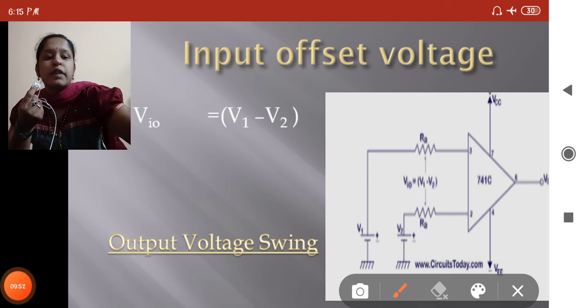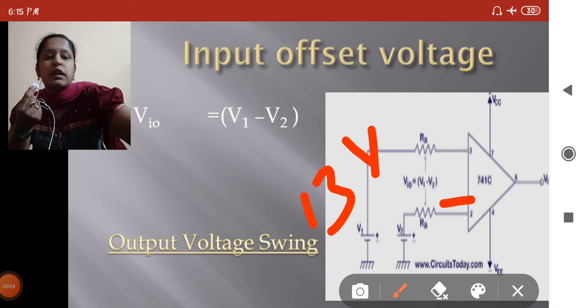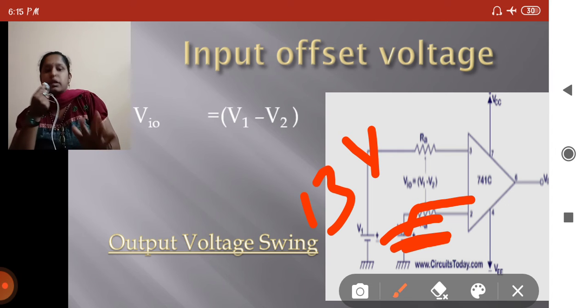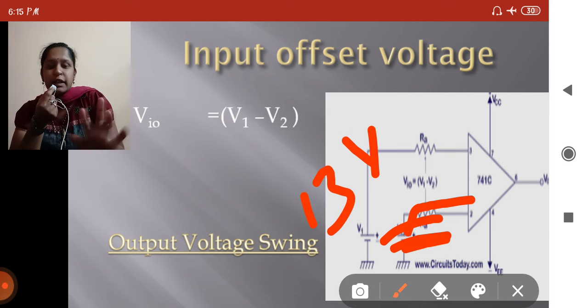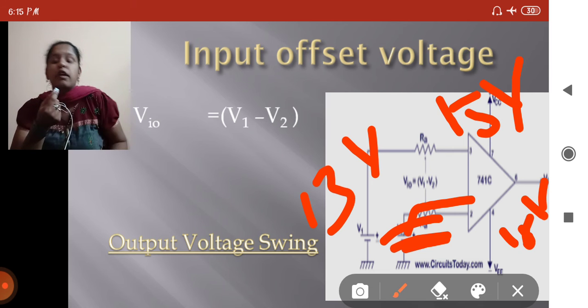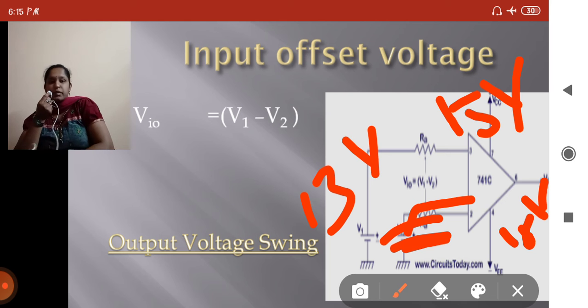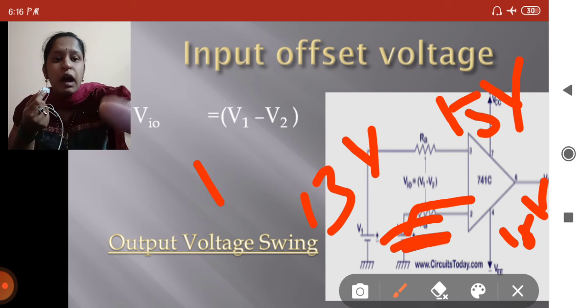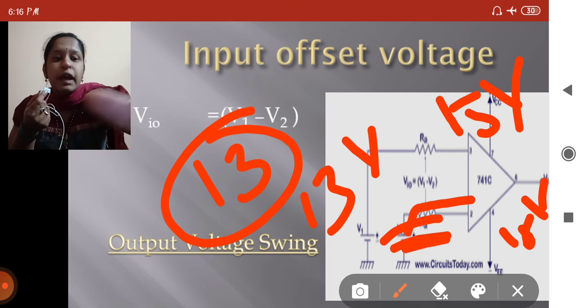If you are giving the 13 volt, this one comes to ground. There's no inverting or non-inverting. This is a normal 15 or 9 volt battery. If you are giving 13 volts, you may get nearly 13 volt at the output.